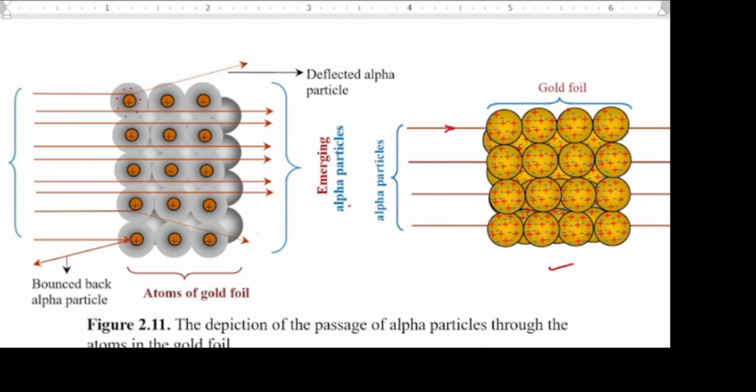So this is what Rutherford is saying, according to his model of the atom. He's saying that the alpha particles, when they approach the gold foil, must have encountered something that is massive and also positively charged. And that is why some of the alpha particles were deflected sideways.